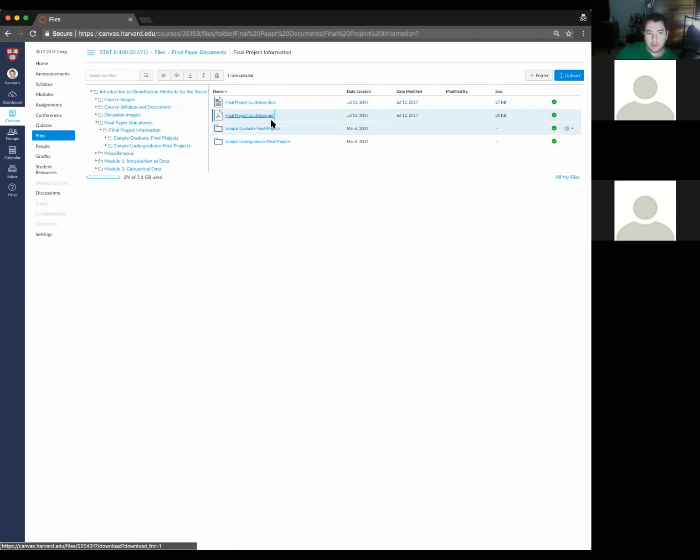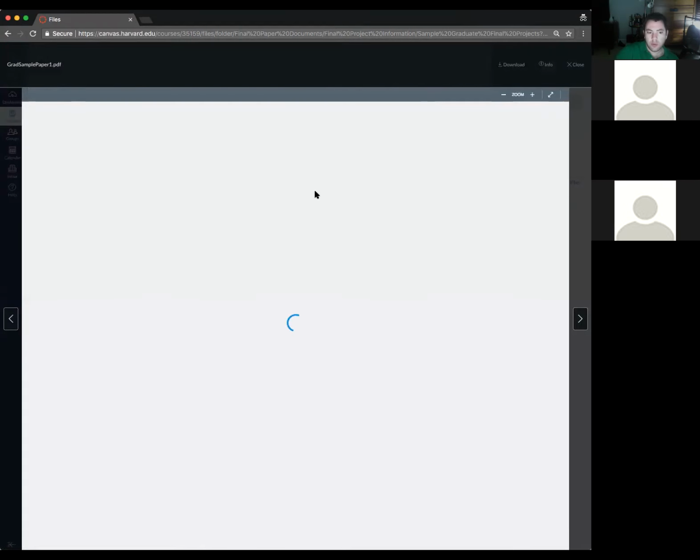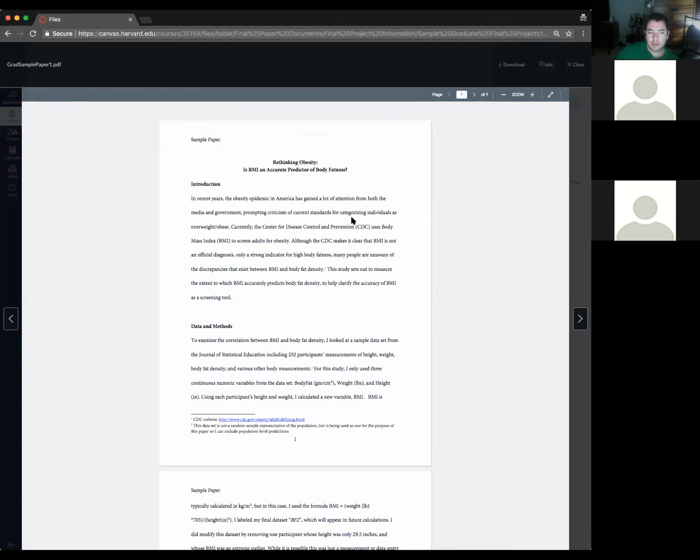And we give you in these two folders a number of different sample papers. So it's a great resource to take a look at what we're looking for. You can see here, there's 6 graduate papers that we provide for you. You could take a look at each of them and get an idea of what we're looking for.